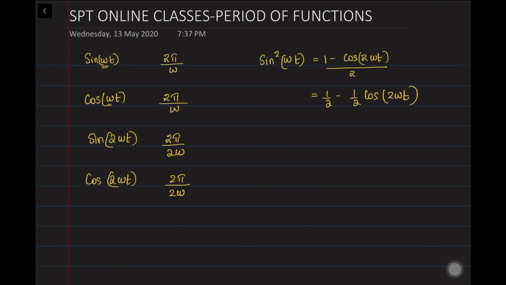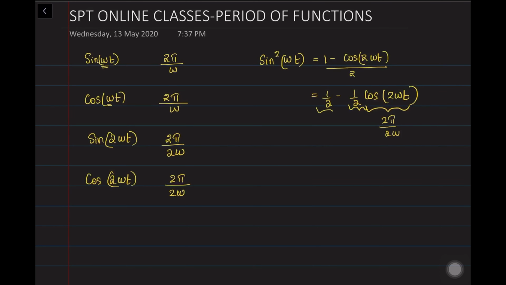Now what is the period of cos 2 omega t? Which we know is 2 pi by 2 omega. So even though a constant is coming along with that, it's not going to change. I'll explain why it's not going to change, but for the time being understand that a constant along with a sinusoidal function is not going to change its period.